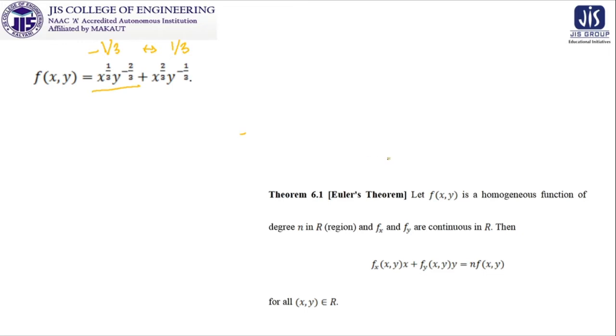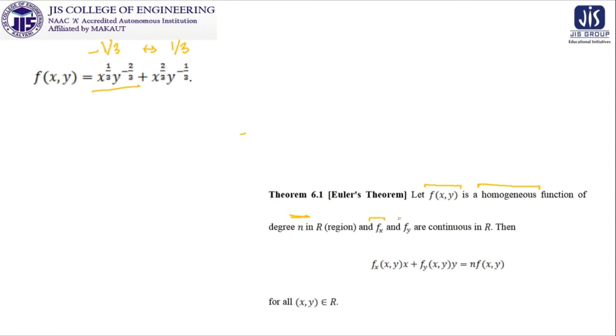Now you can understand why we have discussed homogeneous functions, because our discussion starts with a function f(x,y) which is a homogeneous function of degree n in the region R. Otherwise there is no need to discuss this one.